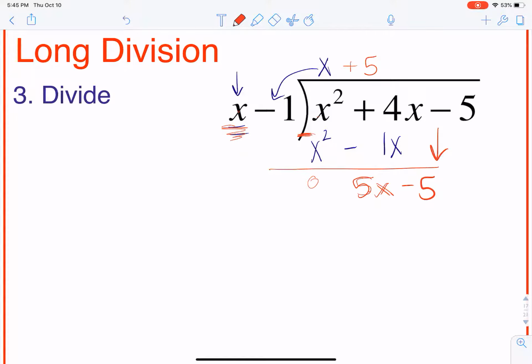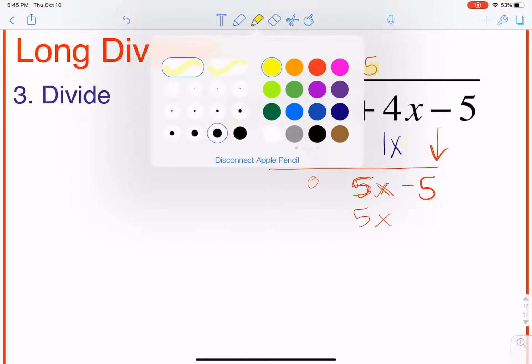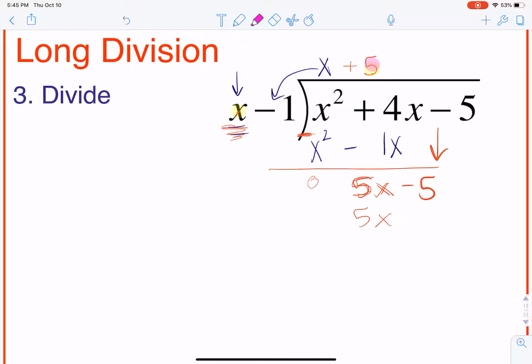So now I can go back, what do I need to multiply this x by in order to get to 5x? I need to multiply it by 5. So here we have 5 times x is going to give me 5x. And let's highlight in another color here. And 5 times negative 1 is going to get me negative 5. And I can subtract. And this is going to give me 0.